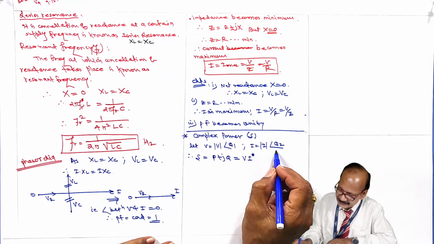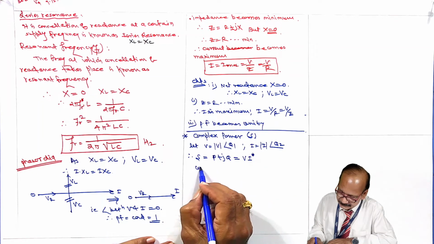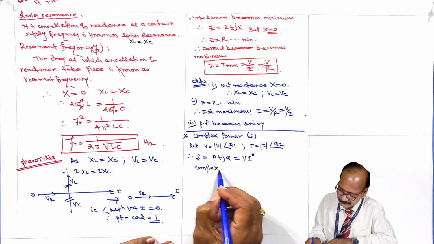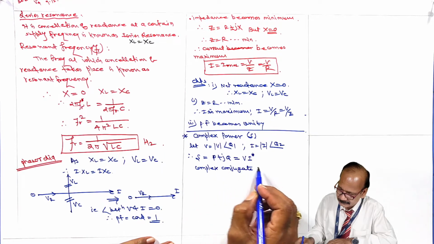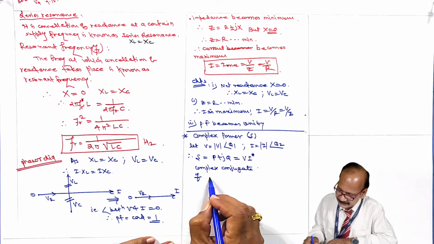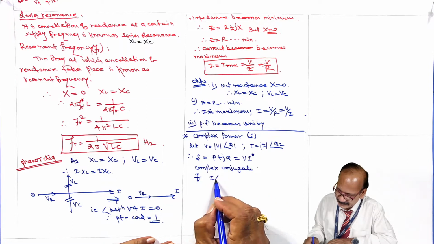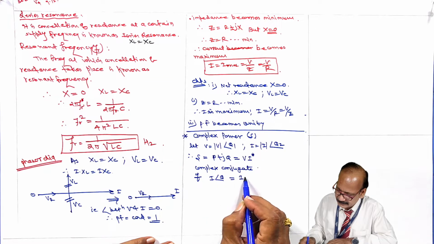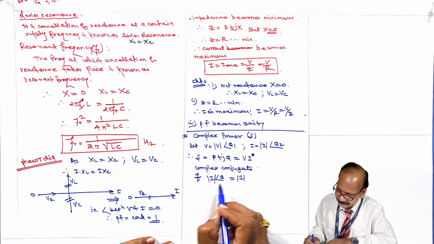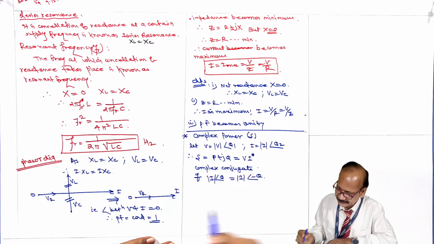See, I is what we have considered. Complex conjugate of I angle theta equal to I angle minus theta.